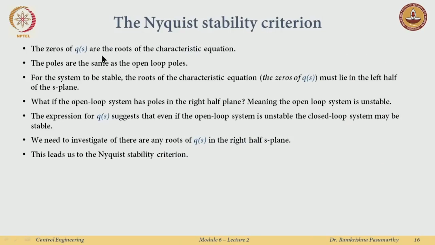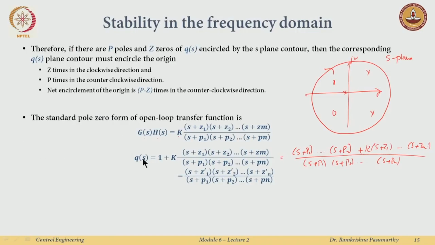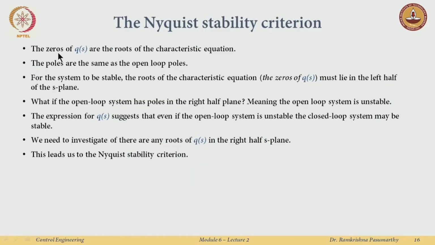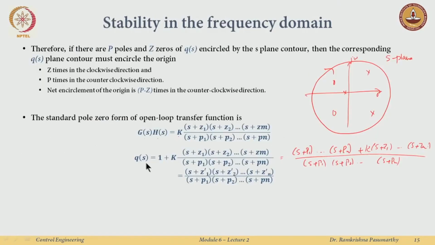The zeros of Q(S) are the roots of the characteristic equation. So this is a transfer function with a set of zeros and a set of poles. Q(S) going to 0 means that S plus Z1 prime multiplied by S plus Z2 prime, all the way till S plus Zn prime, should go to 0. Therefore the zeros of Q(S) have nothing to do with the plant, nothing to do with G times H now.